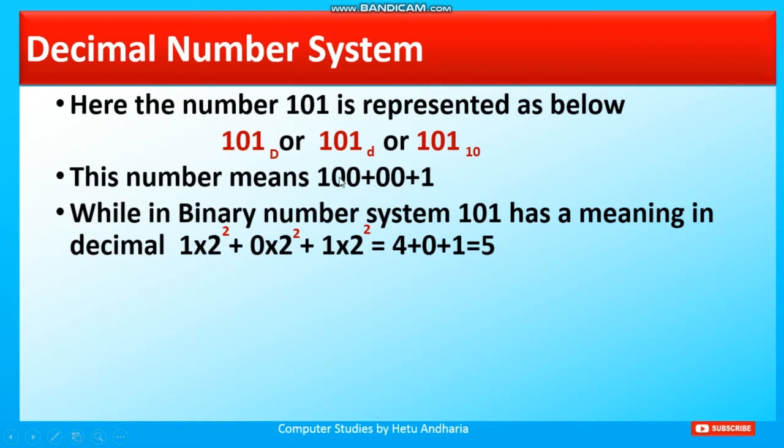In the decimal number system, it means 101, because 100 plus 0 plus 1. While in the binary number system, 101 means 5.